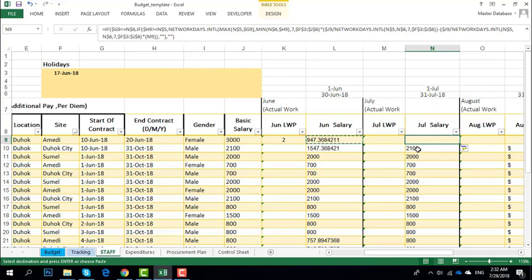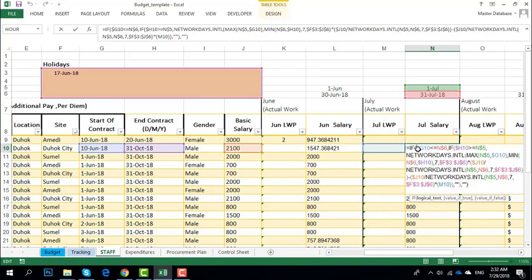Let's just see. Now, what did we understand from the first if? The first if means if October, so you see if N6, this is N6, okay, and this is G9. Don't focus on both.